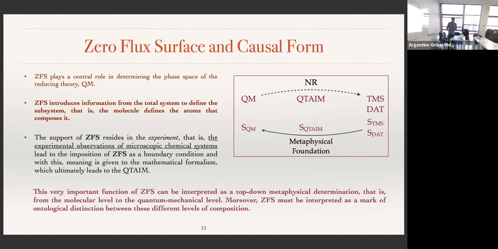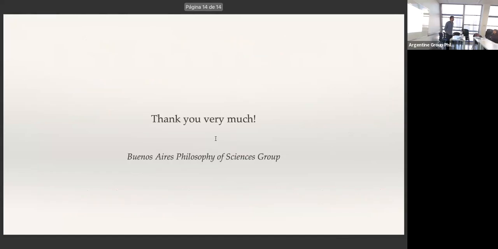To conclude, this very important function of the zero flux surface can be interpreted as a top-down metaphysical determination, that is, a determination from the molecular level to the level of quantum mechanics. And the zero flux surface is a mark of ontological distinction between these different levels of composition. That's all, and thank you very much.